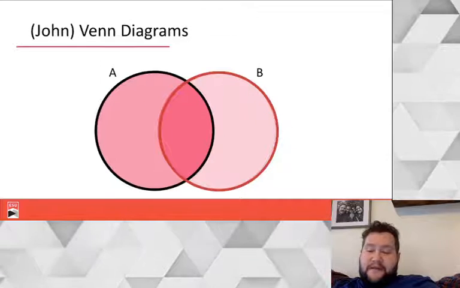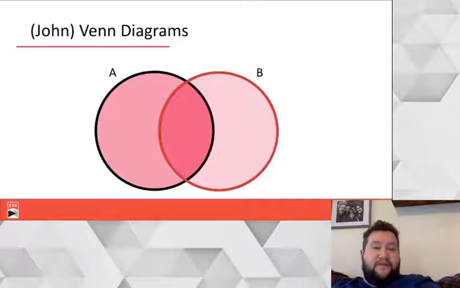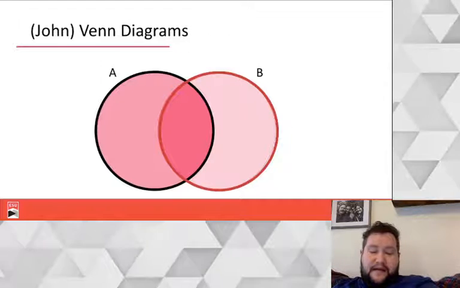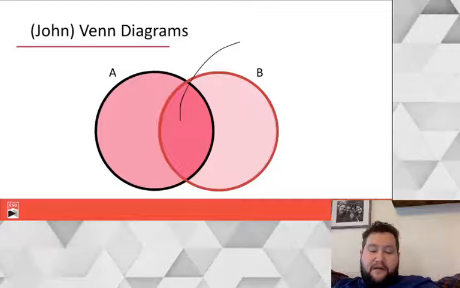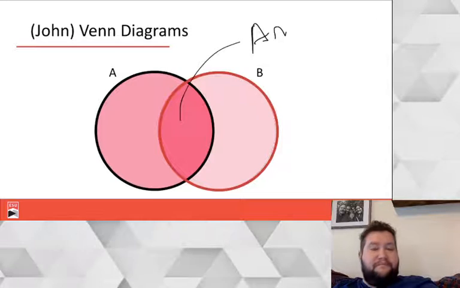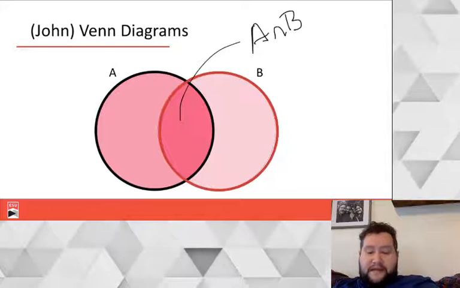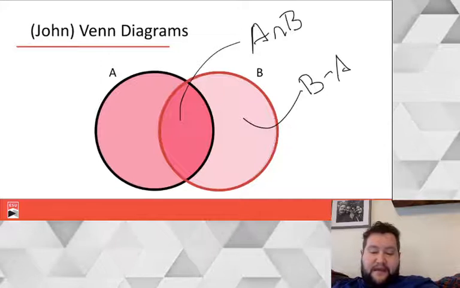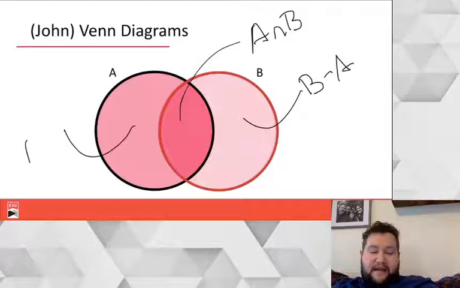And so when we do this, we have some circle that represents A and some circle that represents B. And then this part in the middle are all of those things that are in both of them. These things here are the things in B that aren't in A. And these are the things that are in A and not in B.